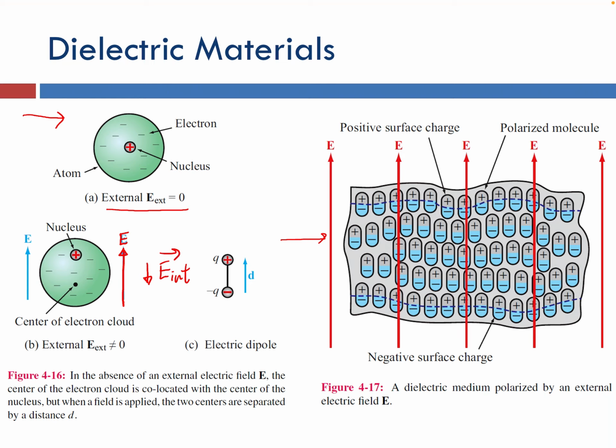So here on the right we see this effect in larger schematics of a dielectric with the polarized molecules due to the applied field. And we can see that the total field now is going to be something a little less than the applied field, and given by the sum of the applied field plus the internal field.